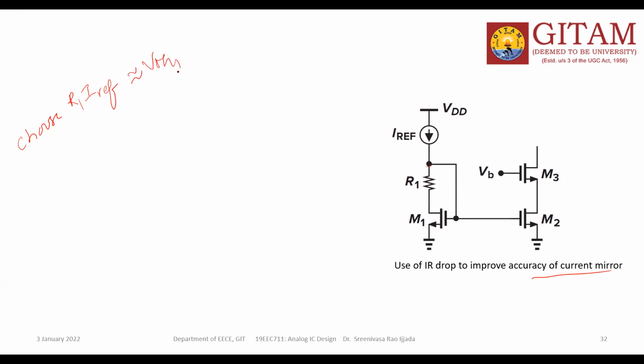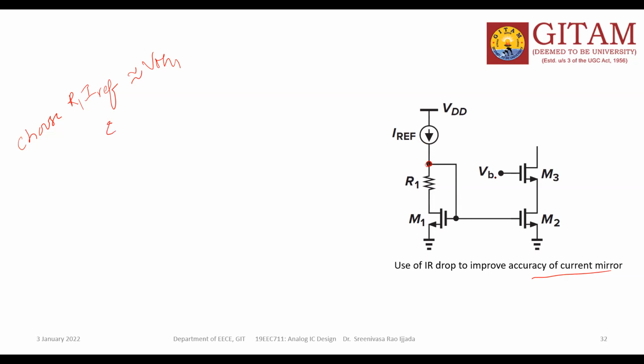Then what happened? Earlier the problem was that it is impossible to get VDS1 less than VDH1. But now, because of this configuration, this is the drain voltage. What is the drain voltage? R1 into I reference is approximately equal to VDH1.